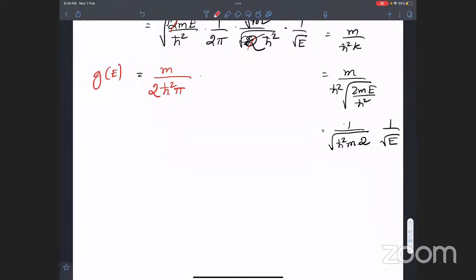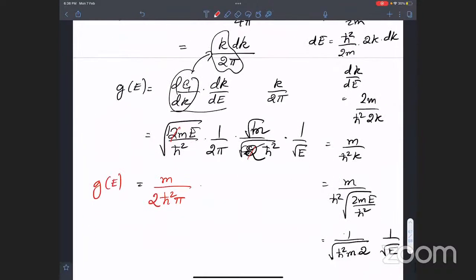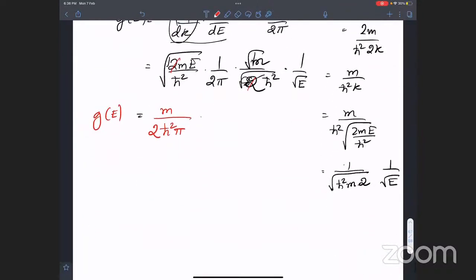It is completely constant, basically. So this is a constant. Okay, so we can see that in 2 dimensions, the density of states is actually constant.